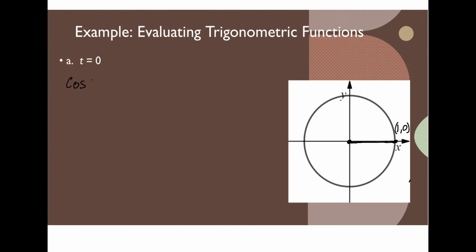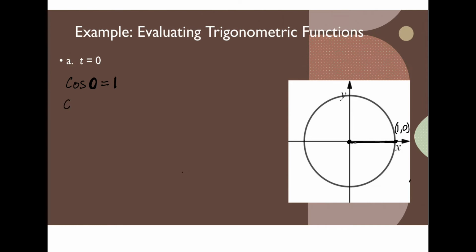Remember, cosine of an angle, which in this case is 0, is equal to the x-coordinate of my point on the unit circle, and we know that coordinate is 1. So cosine of 0 is 1.